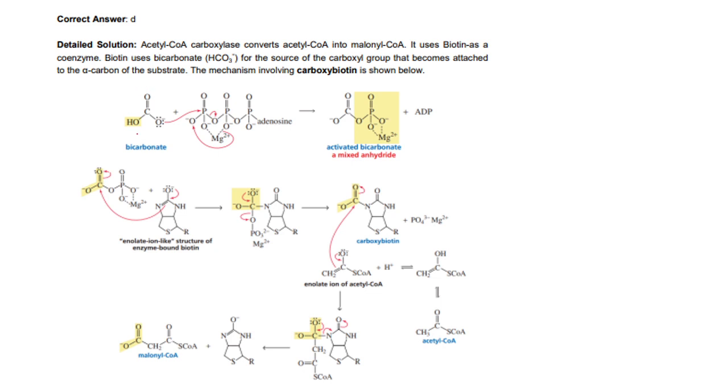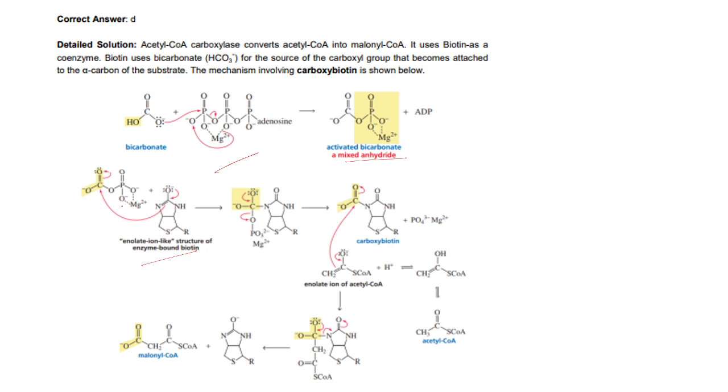This is bicarbonate. This is adenosine triphosphate. This bicarbonate will attack the phosphate, forming activated bicarbonate as a mixed anhydride. Then the enzyme-bound biotin will be this enolate kind of structure.